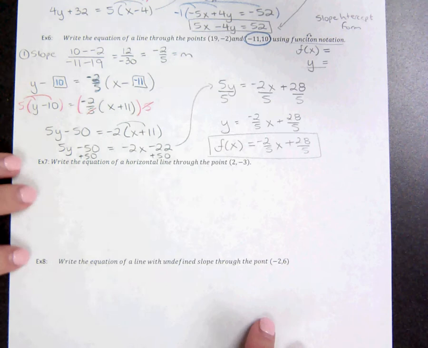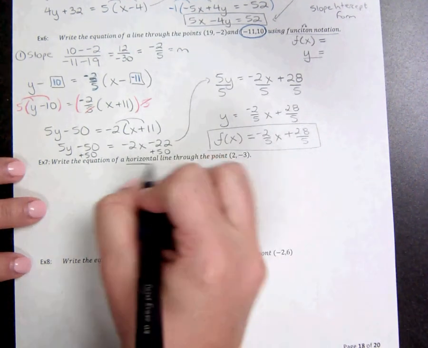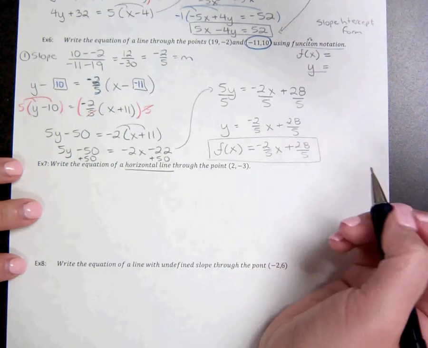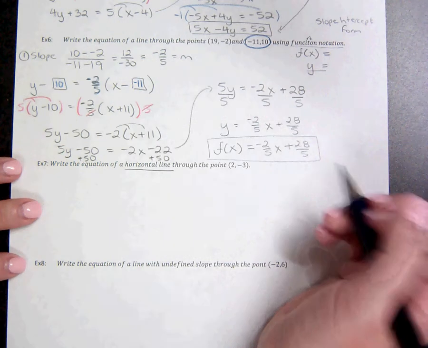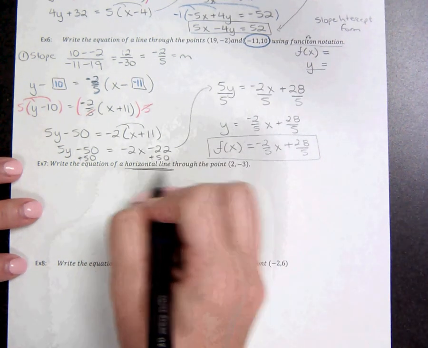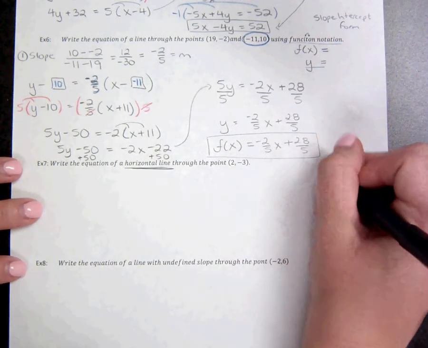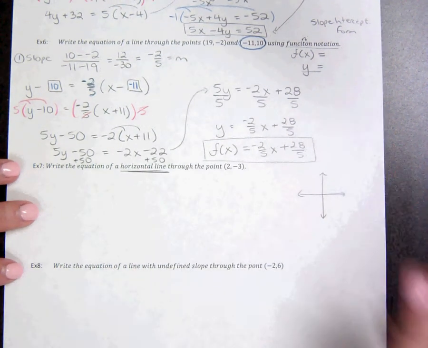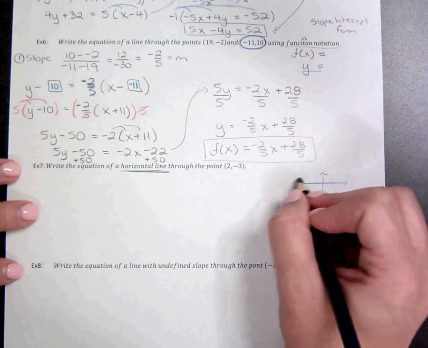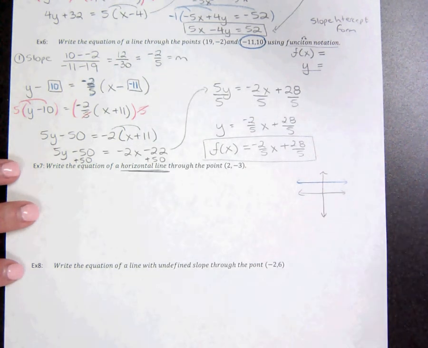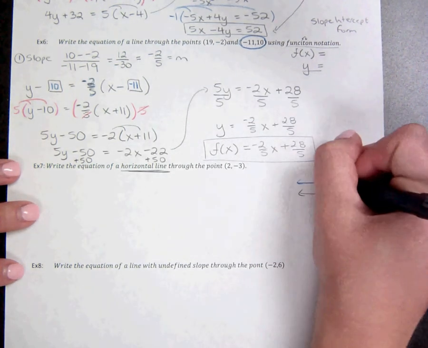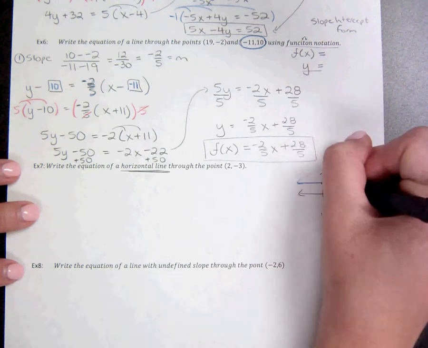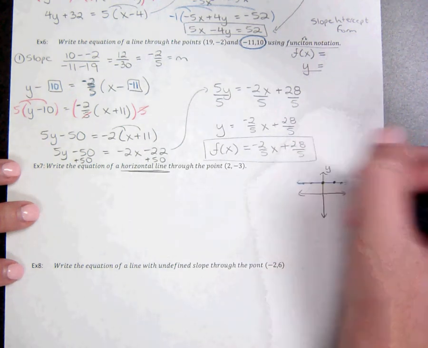Example 7, write the equation of a horizontal line through the point 2, negative 3. You might want to go back in your notes and review the facts about horizontal lines. Or sometimes I'll draw a little sketch to remind myself about horizontal lines. So if I draw a horizontal line, that helps me remember that it's a y equals value. It's y equals some number.